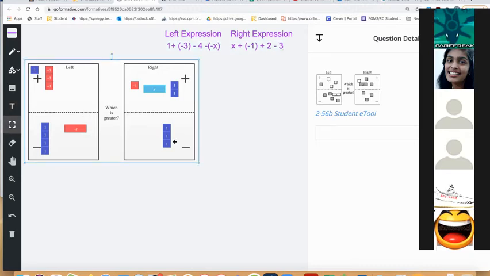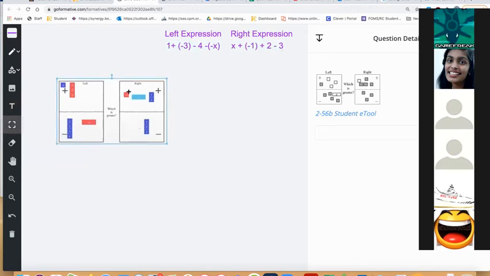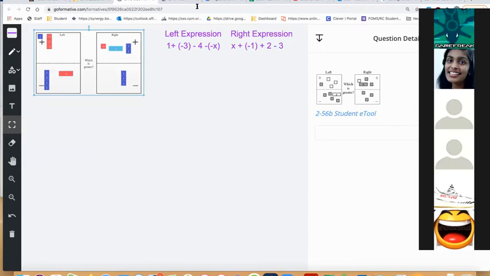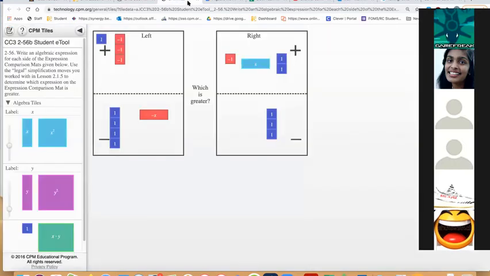And then you're going to put the image next to it. All right. Then you're going to go back to your CPM tiles, and the next thing we're going to do is a step. What simplifying step should we do?